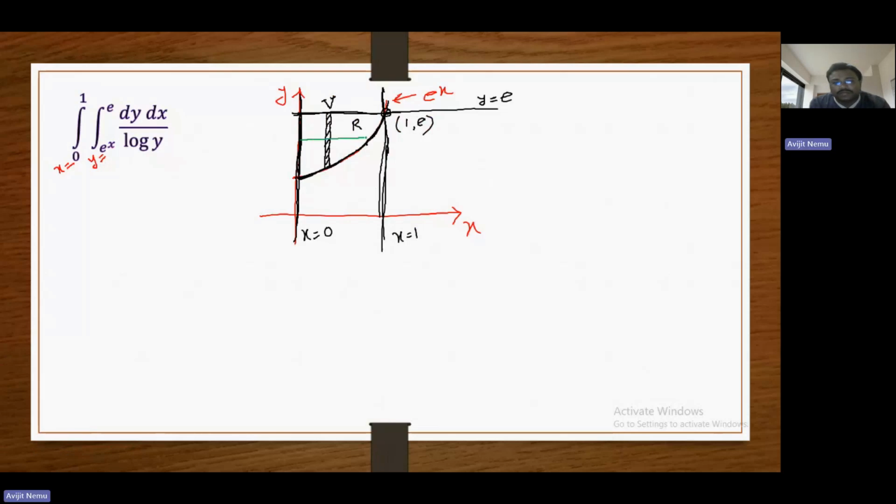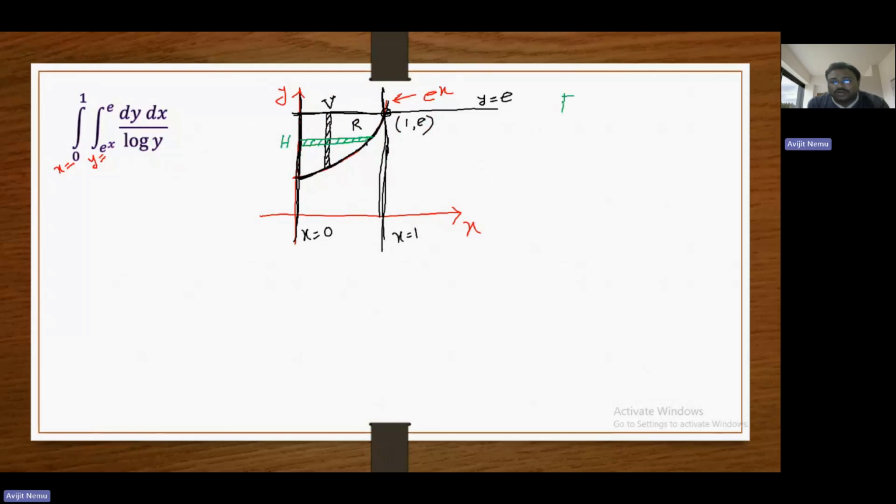Due to the change of order of integration, as I have already discussed, if we integrate conventionally this will be complicated. We can't integrate the integrand 1 by log y with respect to y. That is why we have to consider change of order. So here you consider this horizontal strip, let's say h.